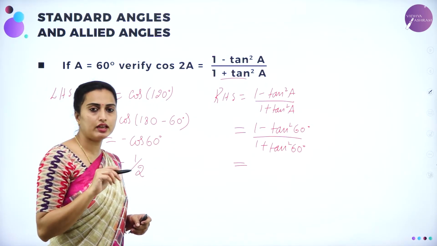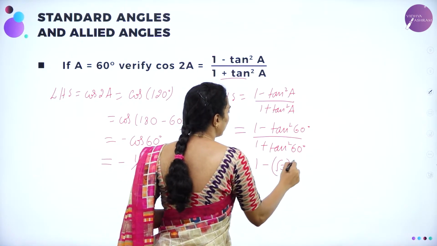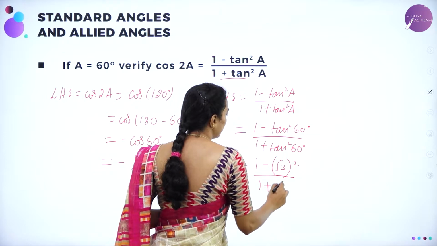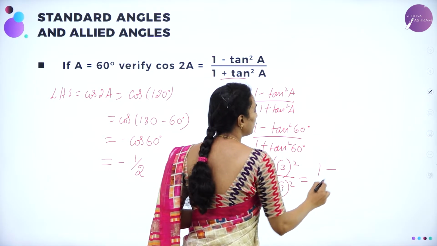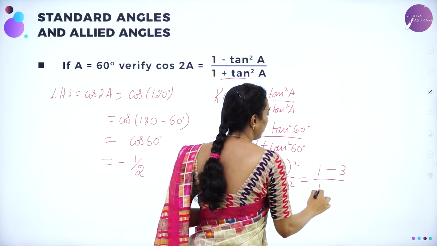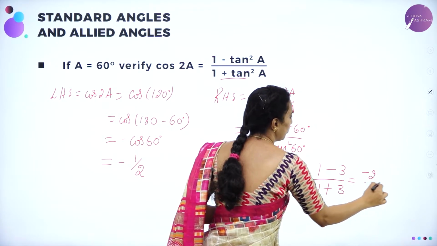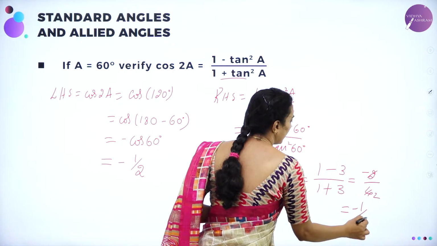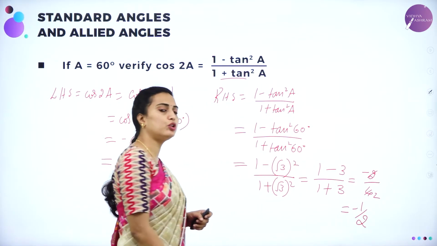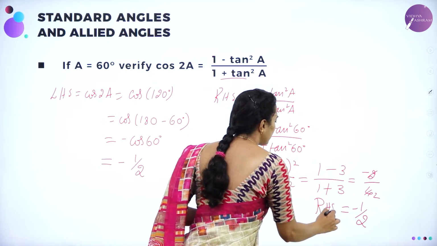Tan 60 degrees is nothing but root 3, you know. So 1 minus root 3 whole squared divided by 1 plus root 3 whole squared. By simplifying, root 3 whole squared is 3, divided by 1 plus 3. 1 minus 3 is minus 2, 1 plus 3 is 4, 2 by 4 is 1 by 2. That is minus 1 by 2, since you have negative in the numerator. So the RHS also you are going to get as minus 1 by 2 only.